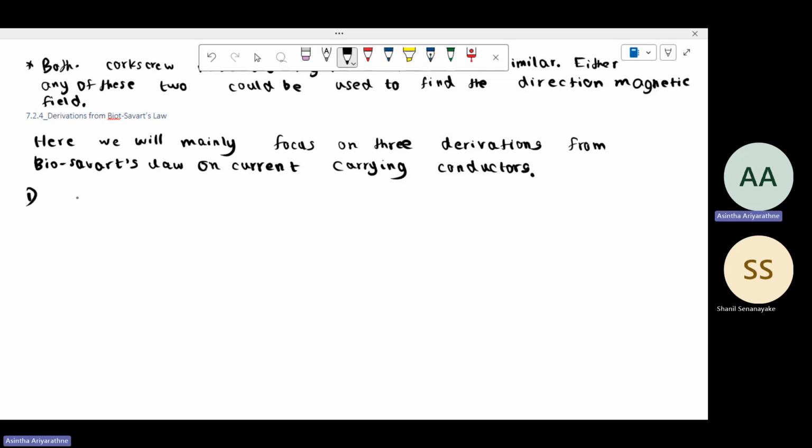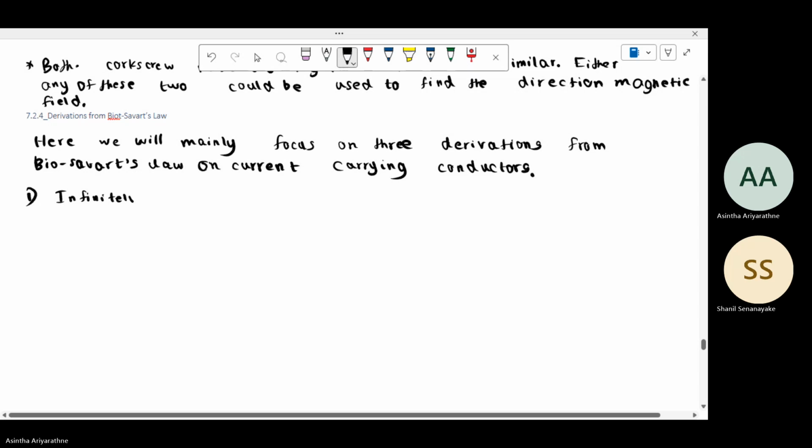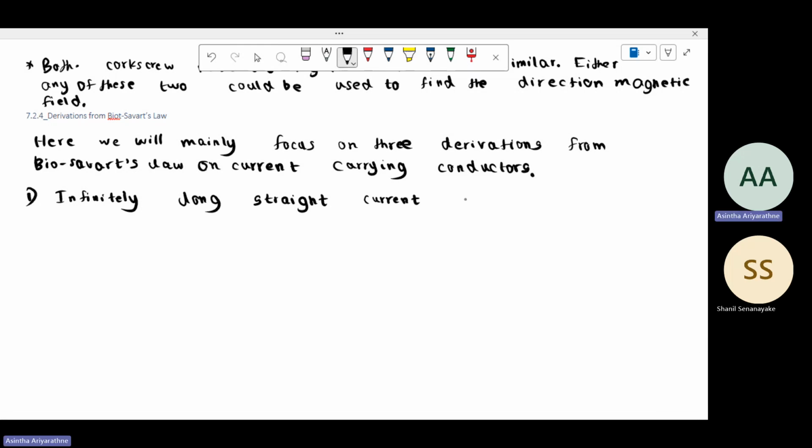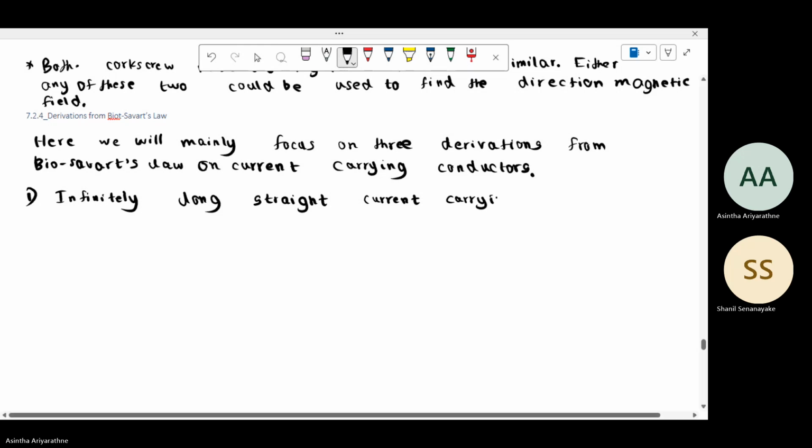So the magnetic field of an infinitely long straight current carrying conductor.